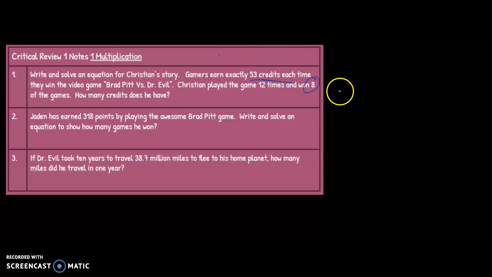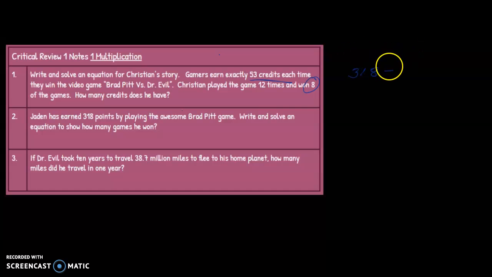So he earned 318 points by playing this game, and we saw in the first part of today's classwork that he earned 53 credits each time he won a game. So what we have is 318 points, and we're going to divide that by how many points he earned each time he played a game.